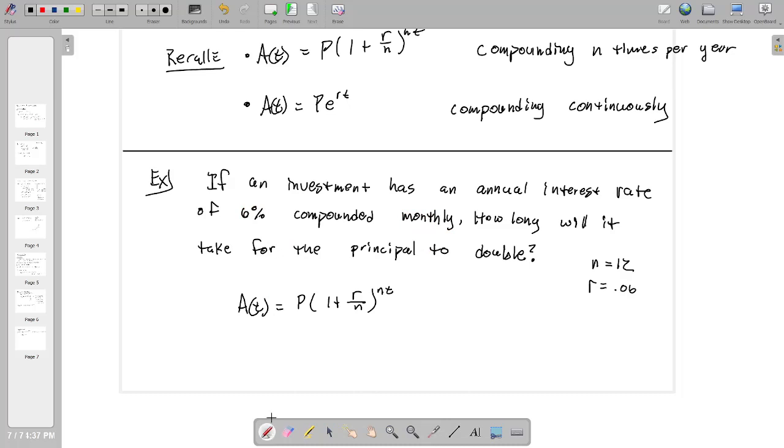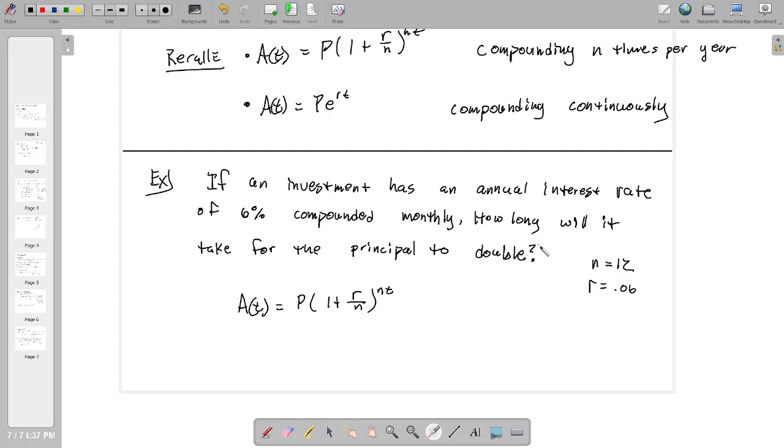So we need to understand what we're looking for, and we also need to understand how to solve this type of problem with the information given, because these types of problems feel like they don't give you enough information, but they do. What are we looking for? We're looking for how long it will take for the principal to double. How long?